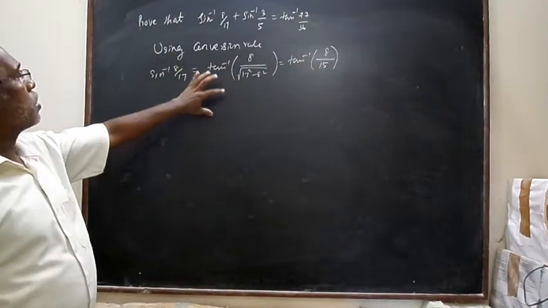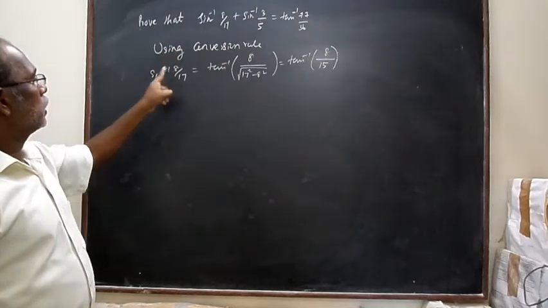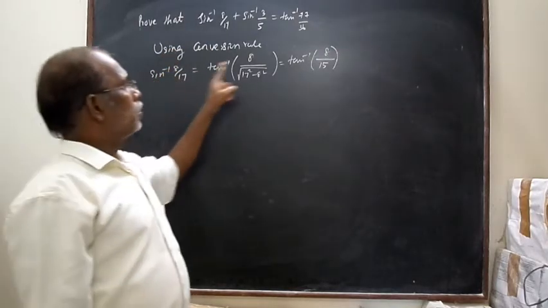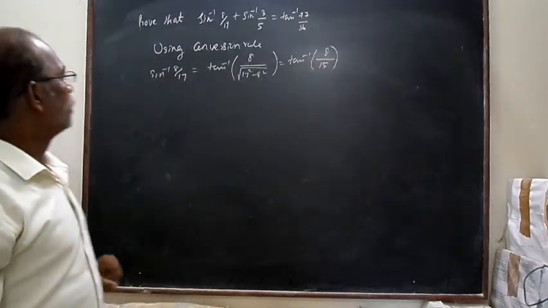So applying the conversion rule on the first term, sin inverse of 8 by 17 is equal to tan inverse of 8 by 15.